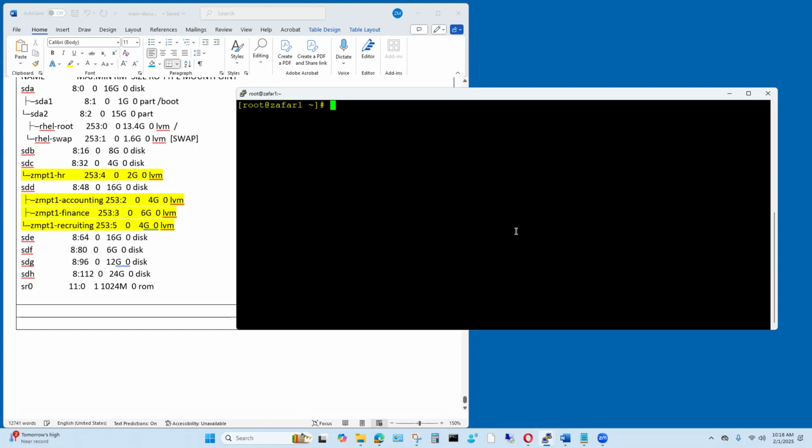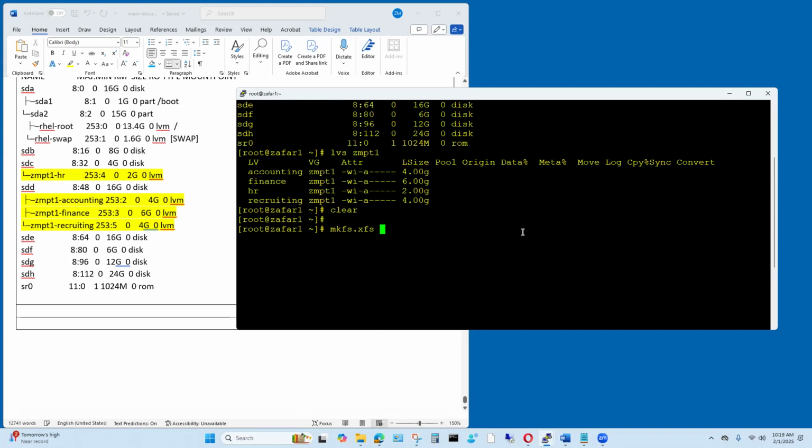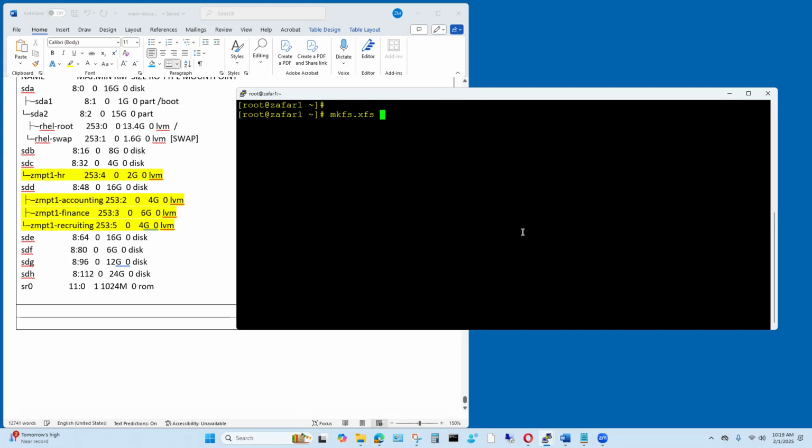So the command is mkfs. mkfs means make file system, dot xfs. Now here's the trick here. What do you think? How are we going to provide the information for what it needs at this point?